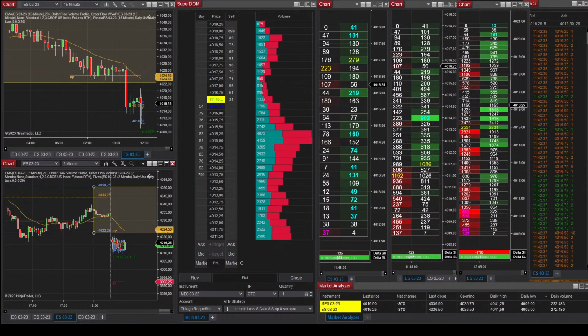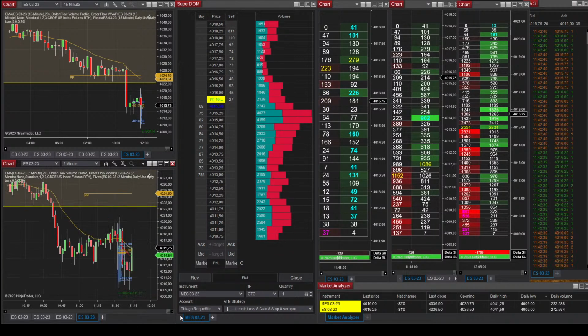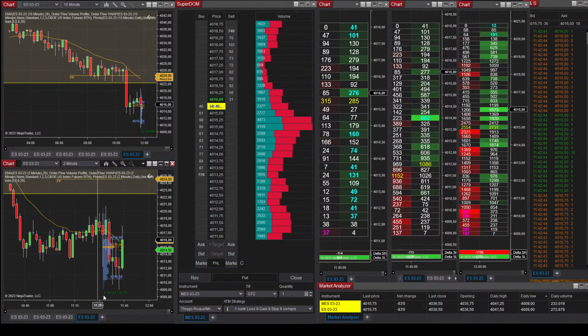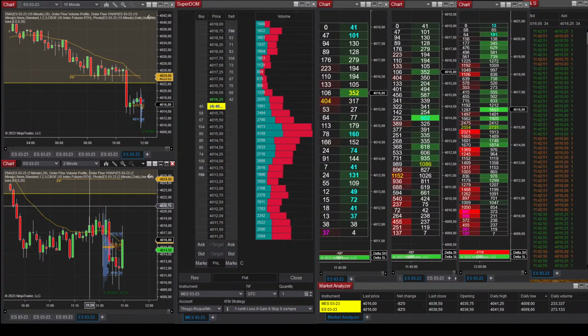Let's see now if it's going to be able to overcome the 20, but what we are seeing, look here in the bottom left, we're seeing the increased volatility in this beginning.